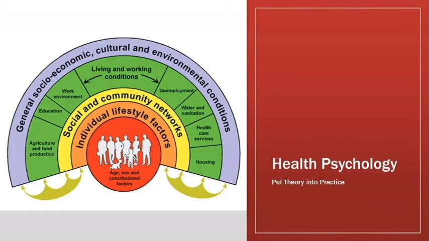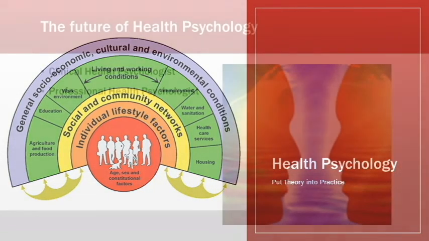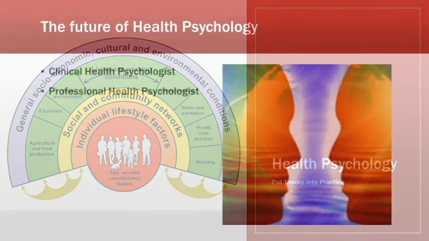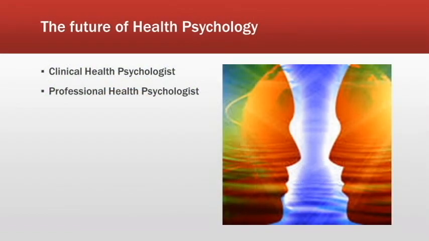And this has resulted in a range of debates about the future of health psychology and the possible roles for health psychologists. Now, to date, this debate has highlighted two primary roles and pathways. First off, the clinical health psychologist, and second, the professional health psychologist.